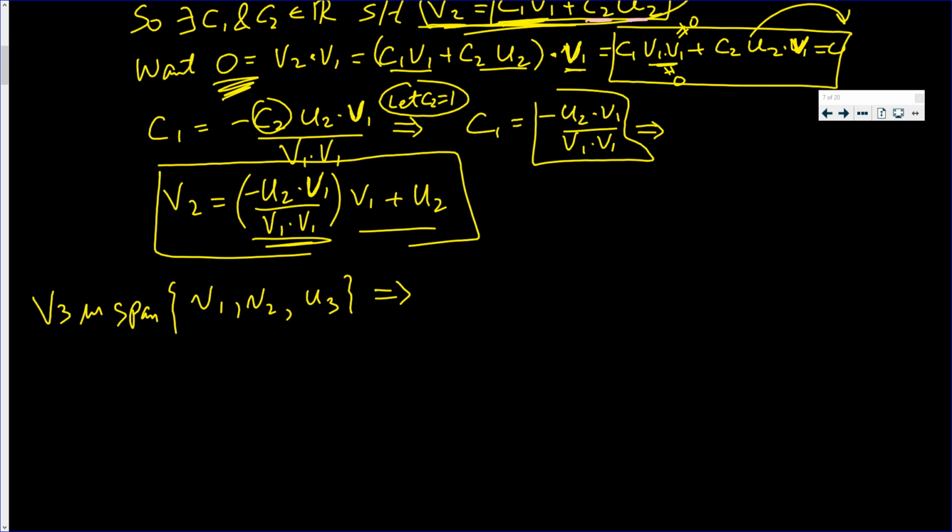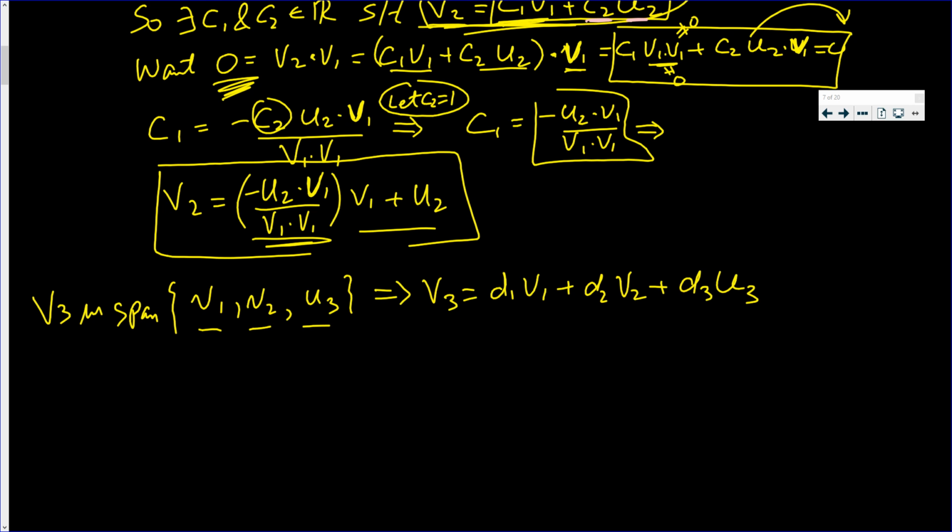That implies V3 is a linear combination of those vectors. It's d1 V1 plus d2 V2 plus d3 U3. That's V3.